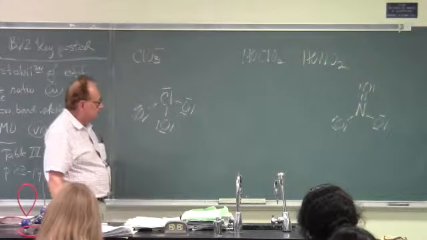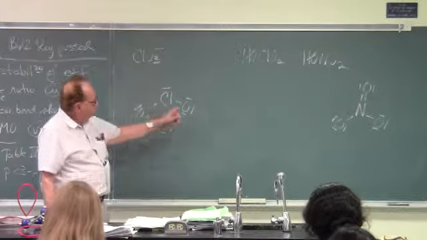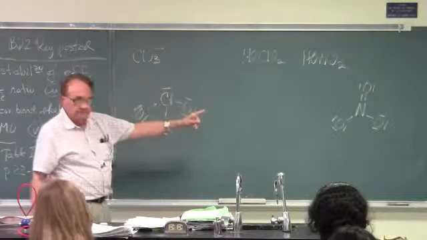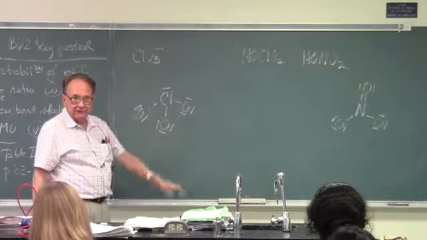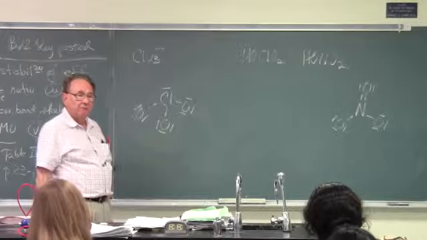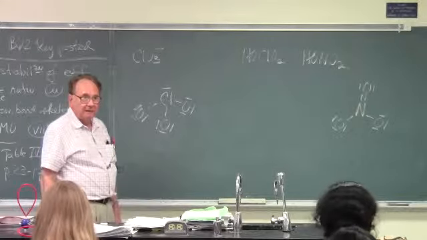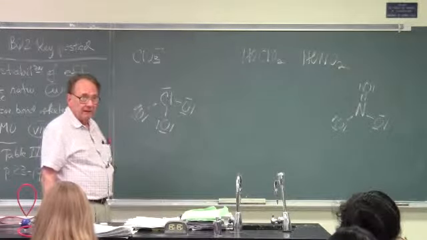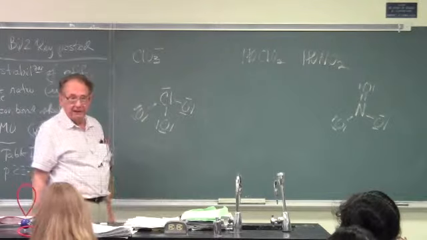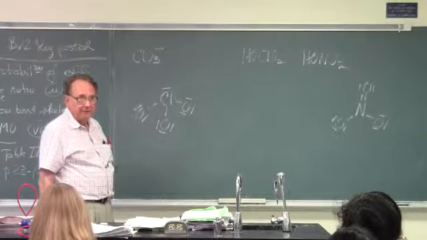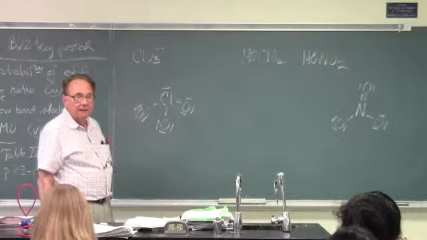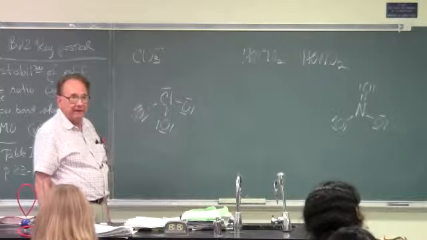Now, chlorine and nitrogen. How do they compare from an electronegativity standpoint? N and Cl. How do they compare? Chlorine's 0.5 stronger.